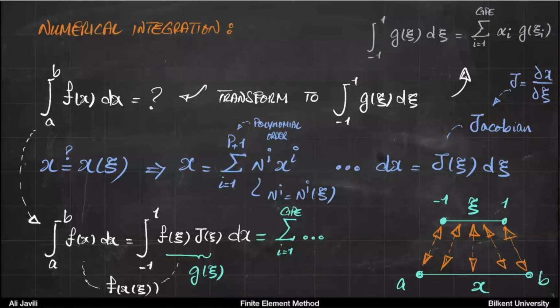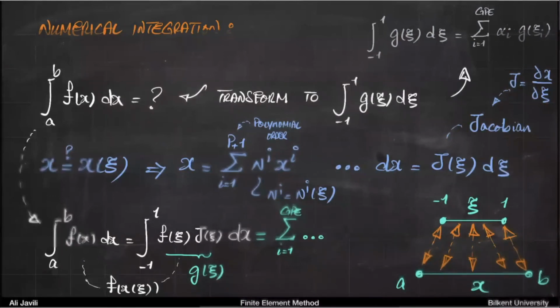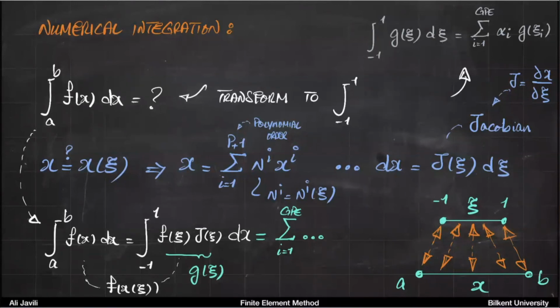Does that make sense? Now, what we want to do next is to just do a few examples together to sort of digest that. Before I do that, I just remind you of these shape functions, because previously we wrote the shape functions in the physical space. Now we want to write them in natural space, meaning that they go from -1 to 1.